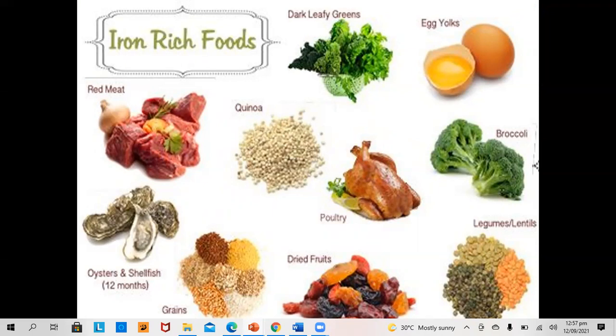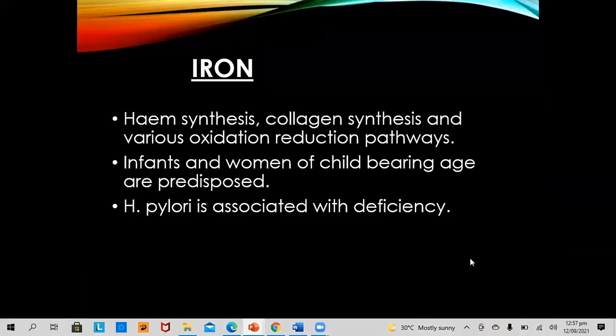Then it is also obtained from oyster and shellfish, dry fruits, grains, legumes, lentils, and green leafy vegetables. Legumes are the phaliyan, which in Urdu, iron.